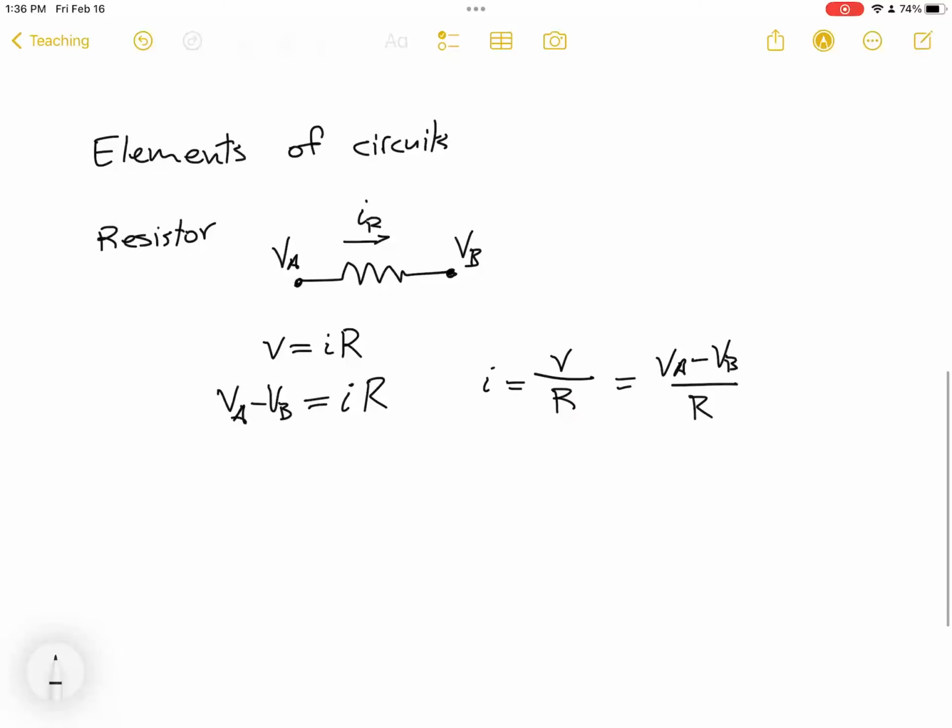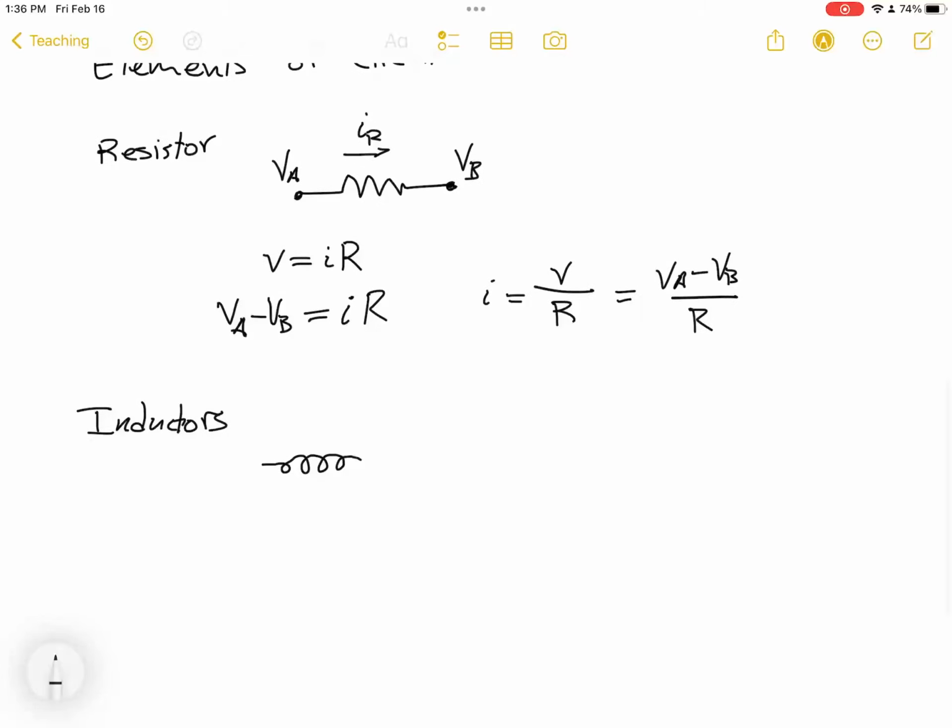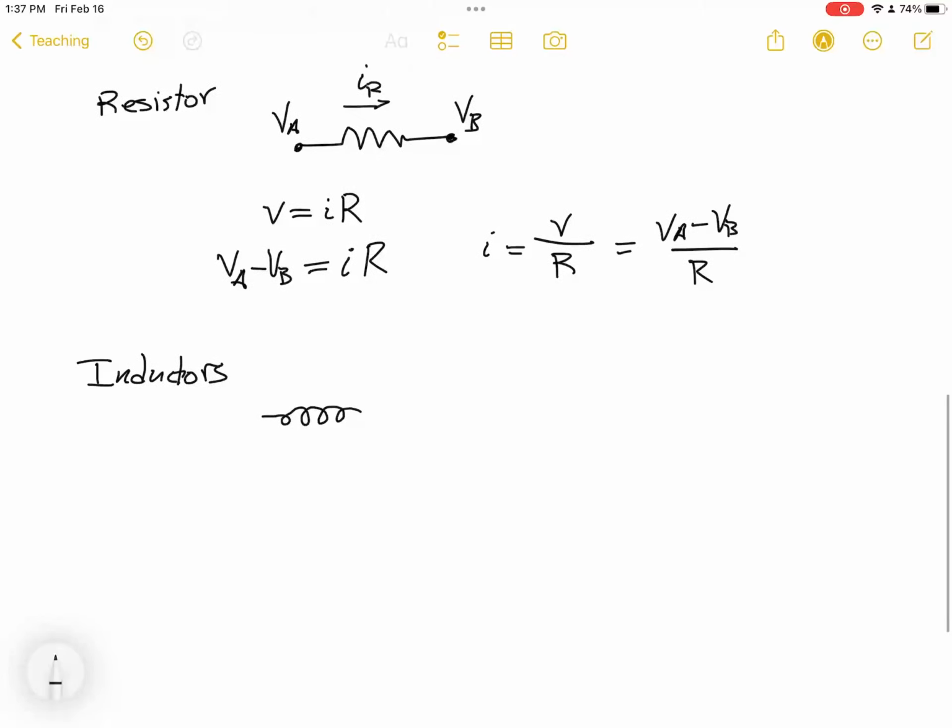We also have inductors, which are kind of drawn like a spring, like a coil. It's fundamentally a coiled wire.